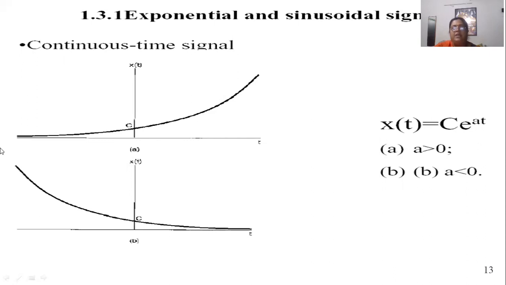We can say that it is an exponential rise, or it will decay at some time at plus t. We can represent this exponential signal in the form of c e to the power of at, where c represents the amplitude multiplying the exponential. So it is the range for which a is greater than 0 or a is less than 0.